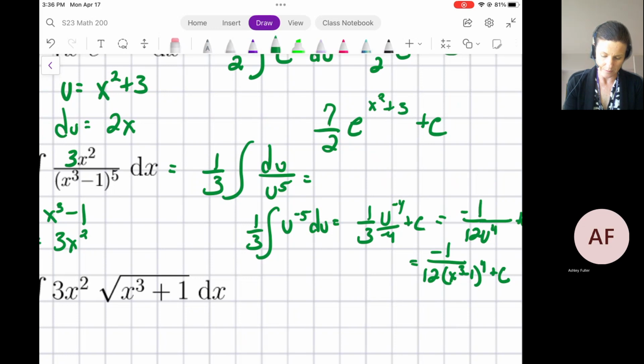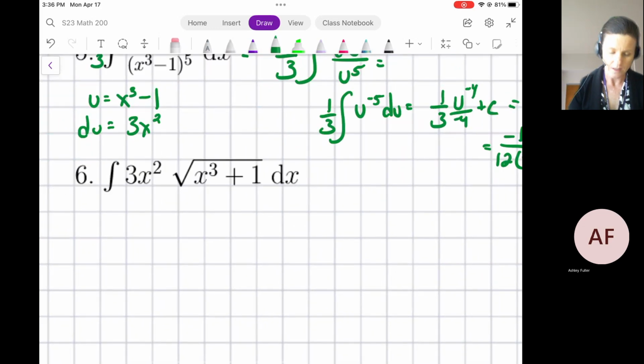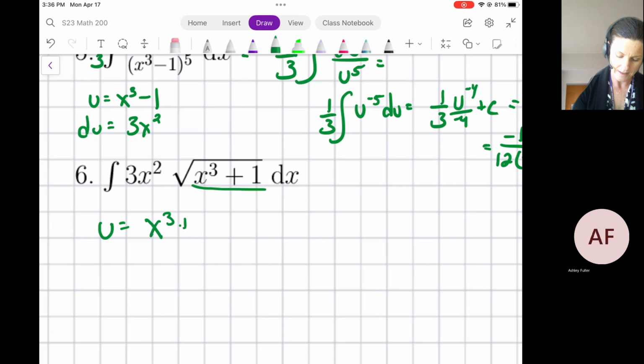As a last example, let's consider a square root, but also a value up front. Again, take the piece that has the higher power, x cubed plus 1, which leaves us with du of 3x squared.